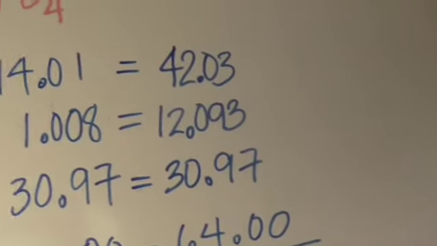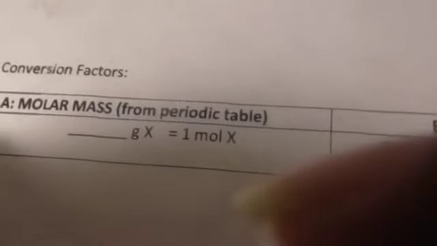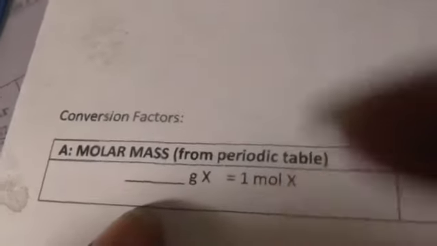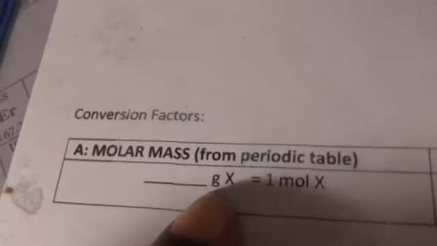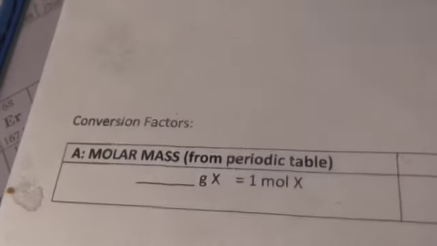And remember, our conversion factor for path A, molar mass, is always going to be blank grams of X. We change X over to the substance, is equal to 1 mole of X.